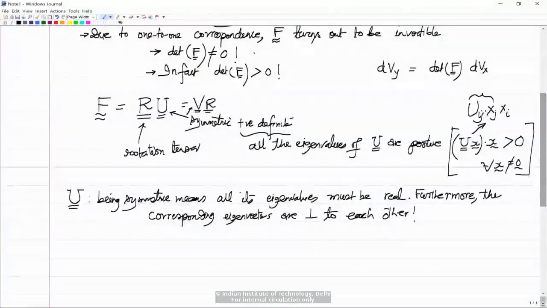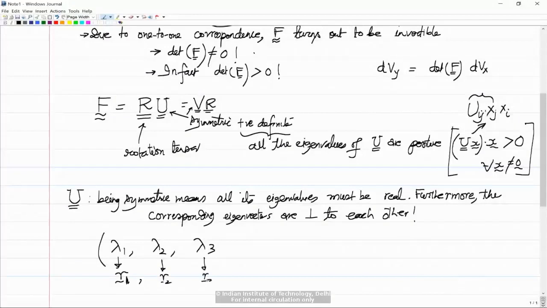So supposing that the eigenvalues are lambda 1, lambda 2, lambda 3, then the corresponding eigenvectors we denote by the vector small r1, let us say. Then for lambda 2 it is r2, and for lambda 3 it is r3. Okay, and because of the orthogonality, r1 dot r2, for example, is 0.